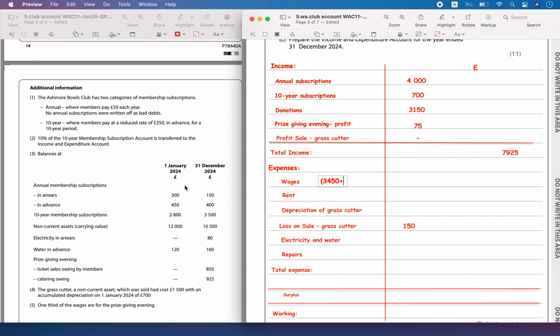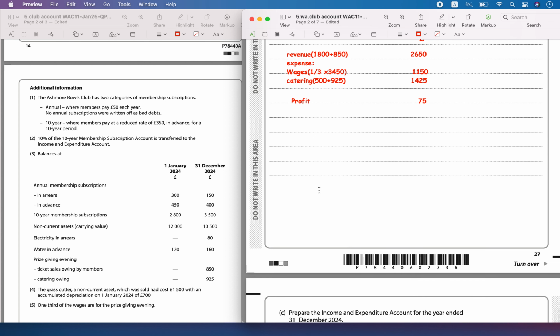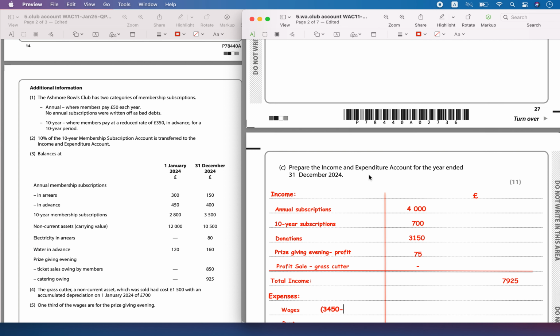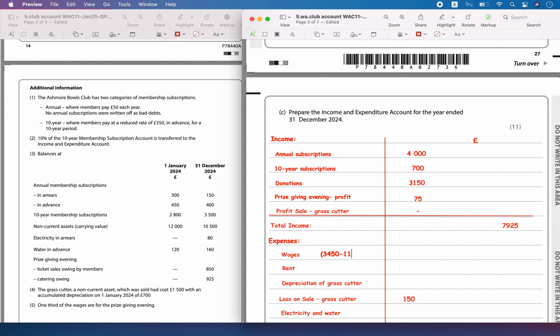One third of the wages are for the prize giving evening, so one third of the wages was included in the prize giving evening. So we have to subtract 1,150. I will subtract that.